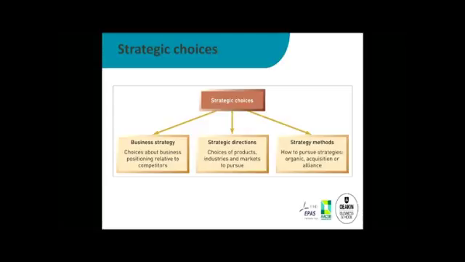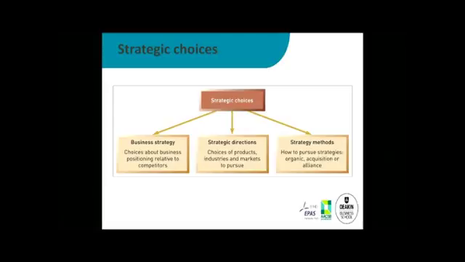Then we have our directions, which are really basically the choice of what we offer in that particular area, choice of products, what markets we approach, and then the methods. And organic refers to the idea of these emergent strategies, or we can grow through acquisition.